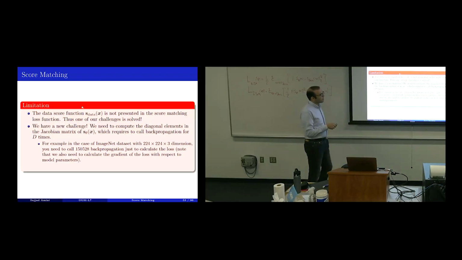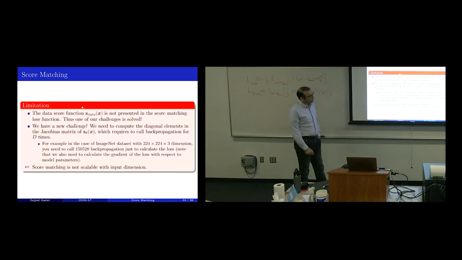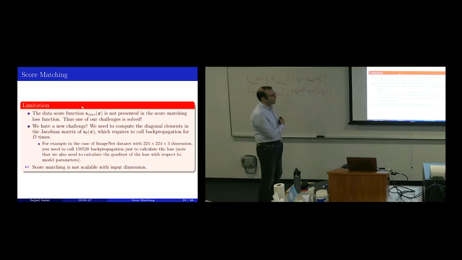Okay. For example, in the case of the image with 224 times 224 times 3 dimension, you need to call this many times backpropagation just to calculate the loss. It is not for the gradient, okay? And the gradient is also another problem. So score matching, even the implicit score matching, is not scalable with the dimension of the input.